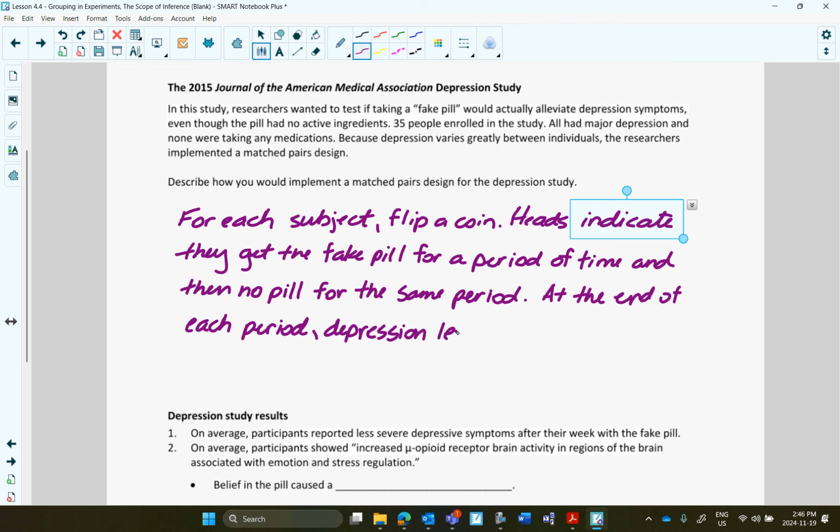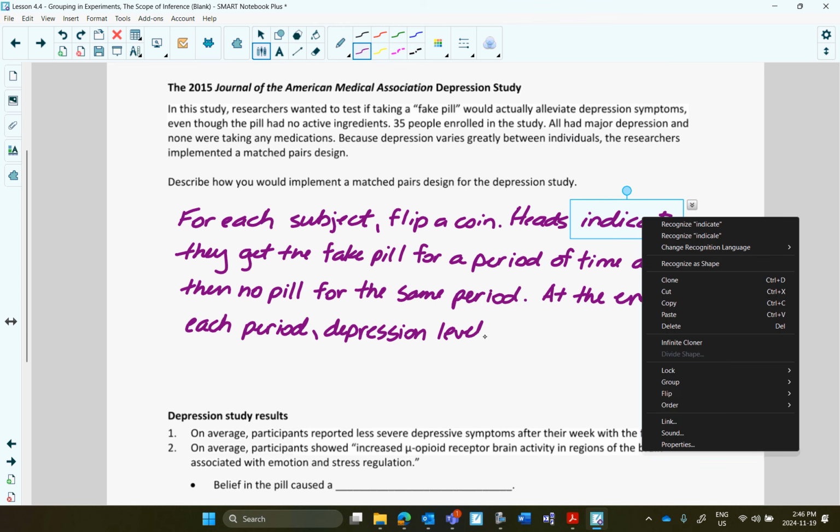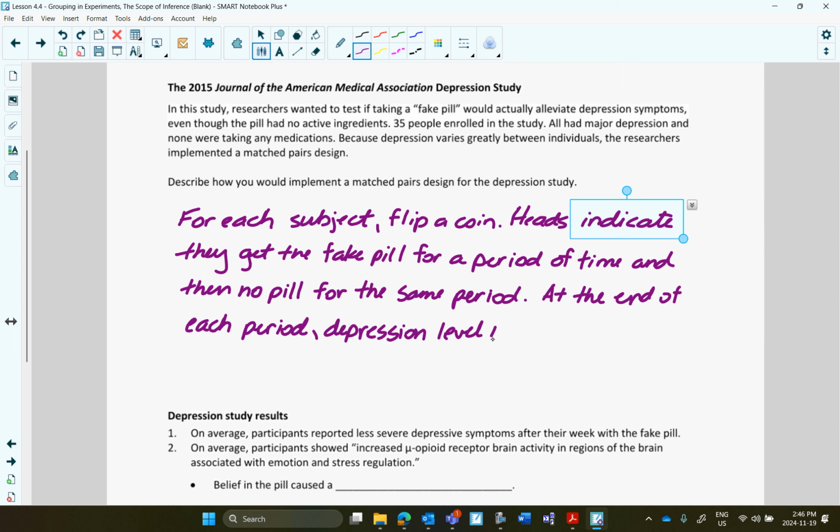And that could be through a questionnaire, a professional interview, maybe a PET scan. Depression level is assessed. And then compare measurements for each subject.